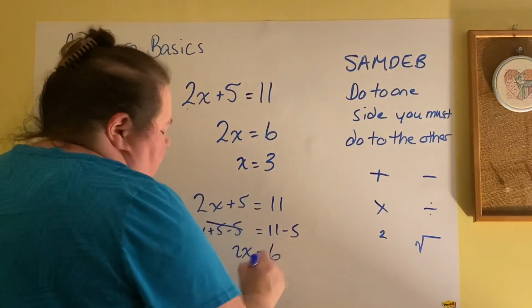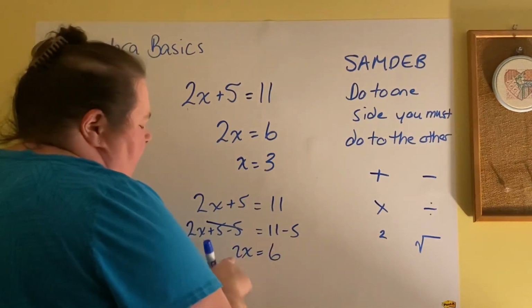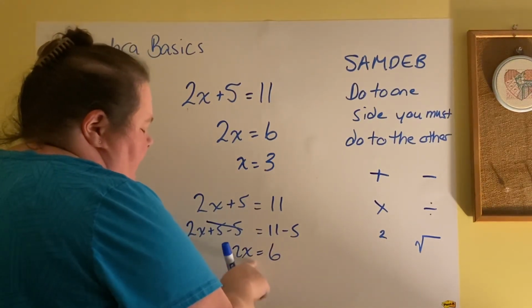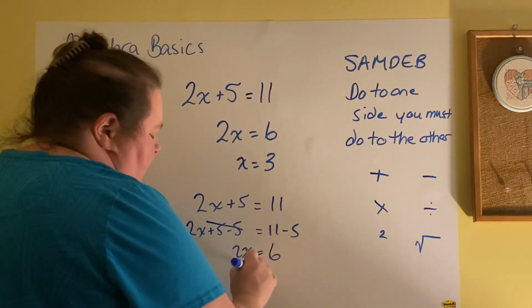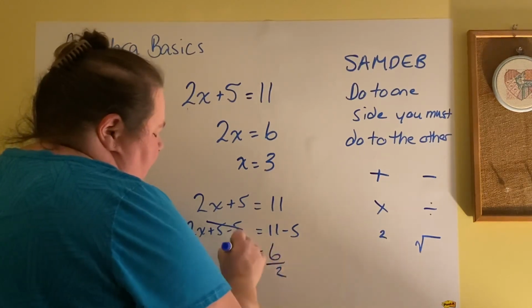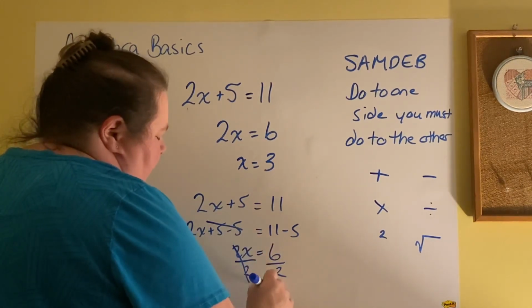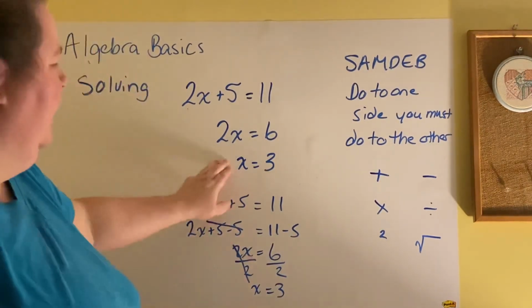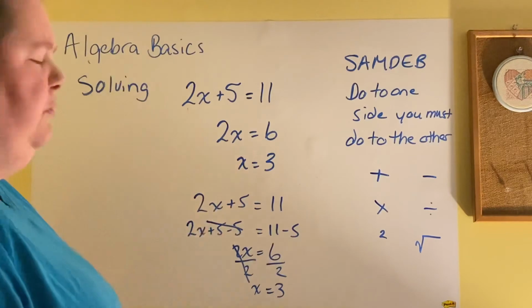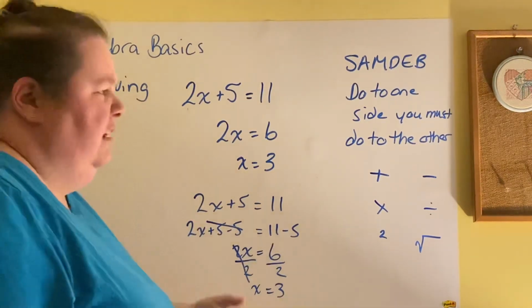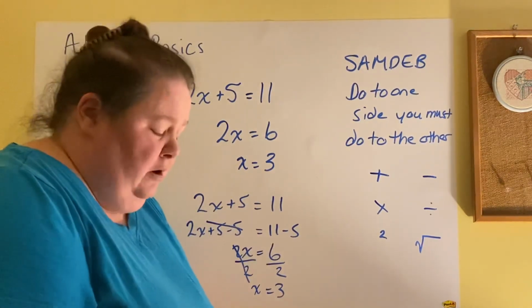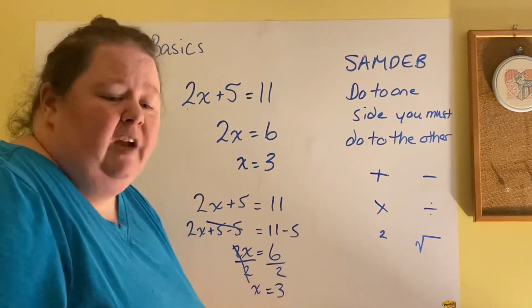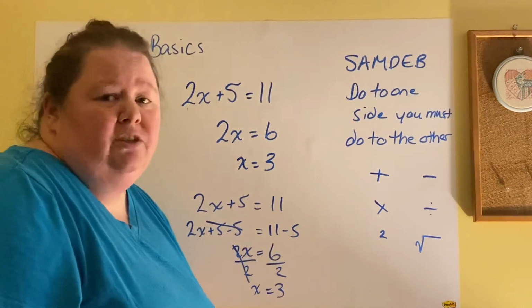I'm left with 2x equals 6. And so now I'm going to have to divide to cancel that multiplication. And I've got to do it to both sides. And I'm left with x equals 3. And so notice I ended up at the same spot, just 2 different ways to get there. And again, whichever way works better for you, I'm okay with, because you've got to figure out a way that will help you get to the solving.